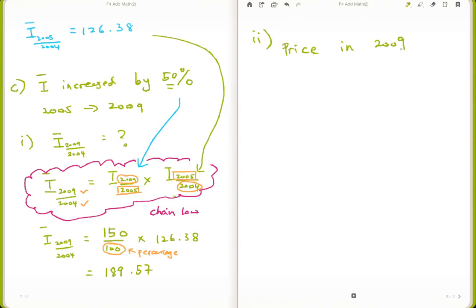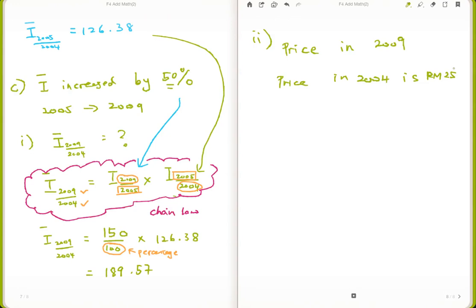If the price in 2004 is 25 ringgit, okay?